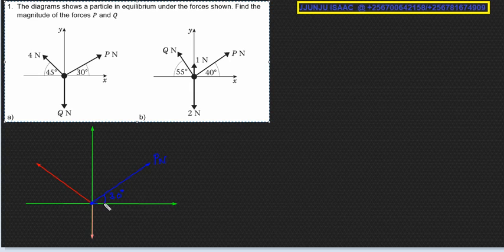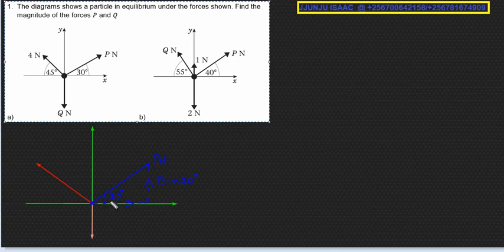So we are going to move in this direction, and then we move to the vertical. When we are resolving the force, the side which is opposite is the sine. So this is going to be P sine theta, and that angle is 30 degrees, so it is P sine 30 degrees.